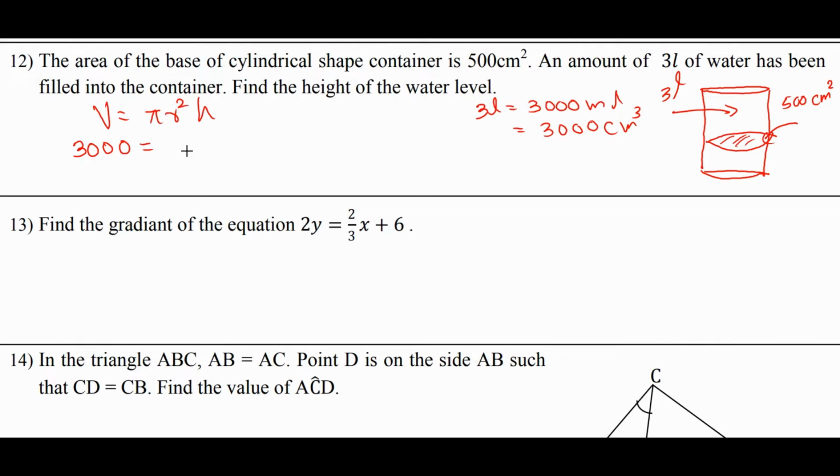It is given as 500, because pi r squared is the area of a circle. In a cylinder, we know the cross sectional area is a circle. Then I can write down 500 for this pi r squared, times h.